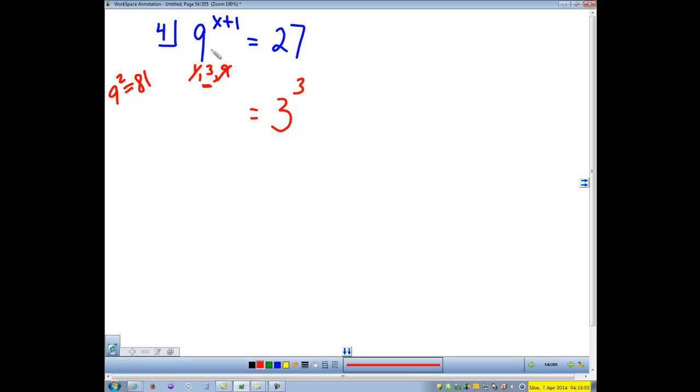Since I couldn't break this one to be 9 to some power, that means I will need to rewrite this first term as well. 9 is 3 squared. And that is raised to the x plus 1.